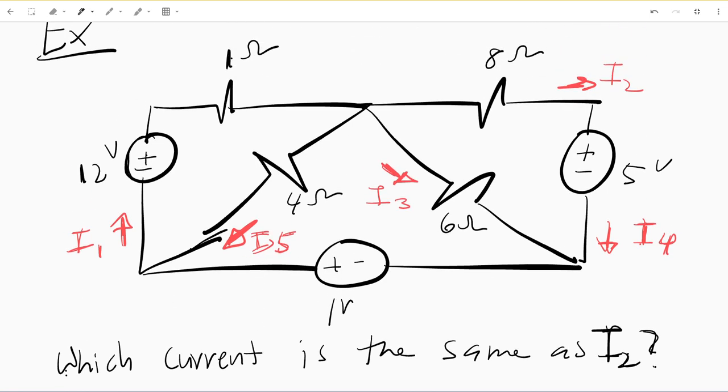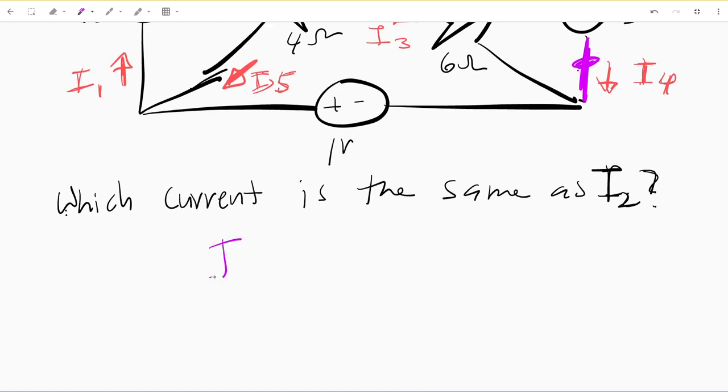Essentially, as we can see here, I2 shares the same path as I4. So we have an ordinary node here, and we have an ordinary node here. As a result of that, I2 shares the same path with I4. So we could say I2 is equal to I4.